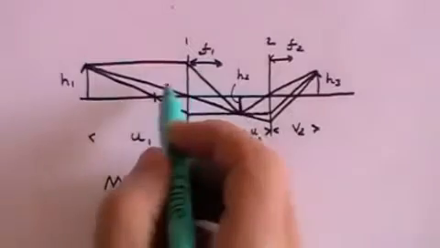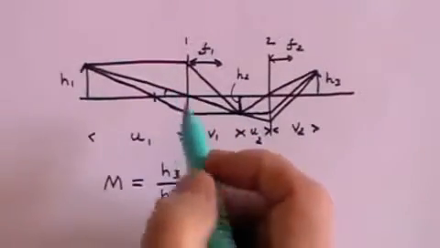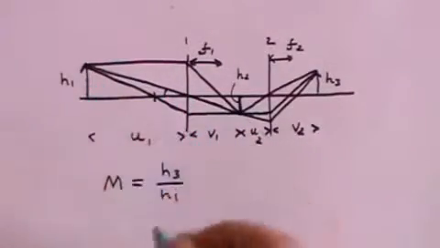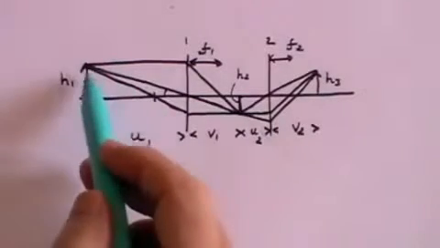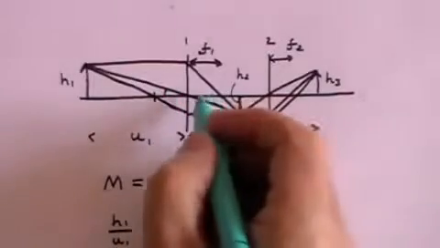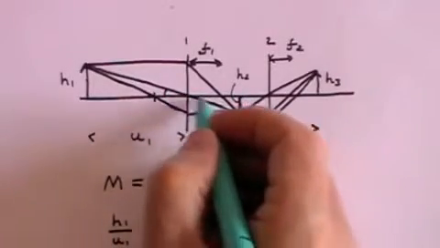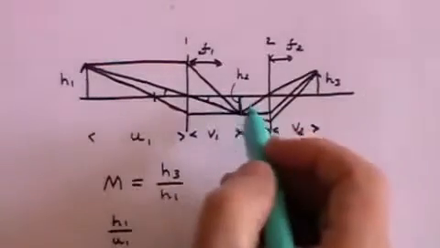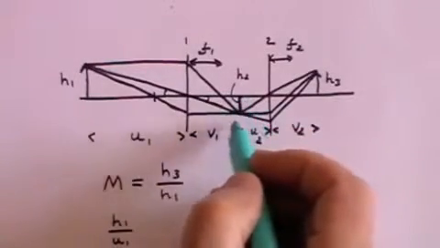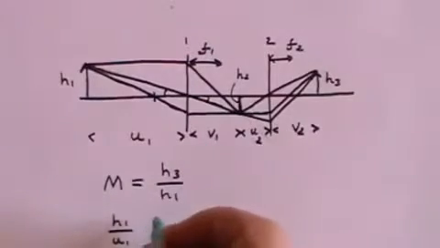The tangent of that angle is h1 divided by u1. But this triangle here has the same angle, and the tangent of that angle is h2 divided by v1.